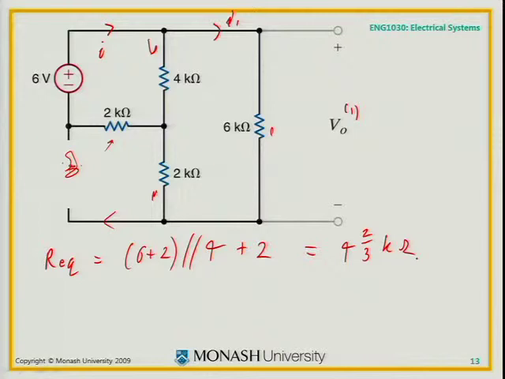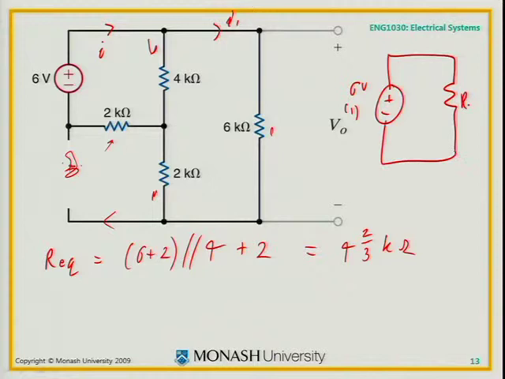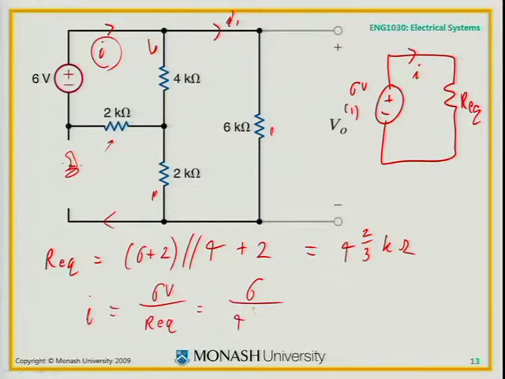All right, so that would be the equivalent resistance, meaning that what I really have, I could rewrite this as plus minus 6 volts and R equivalent, where that's I. So I can work out I straight away as 6 volts divided by R equivalent, which equals 6 on 4 and 2/3 milliamps.